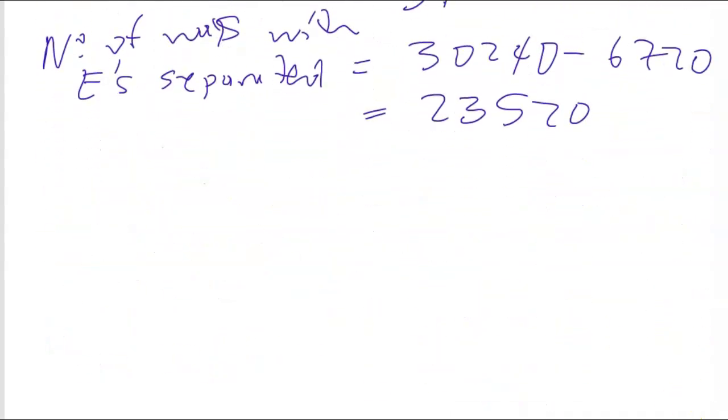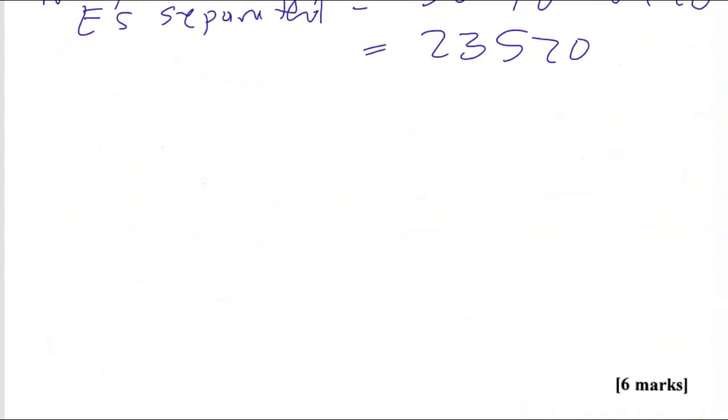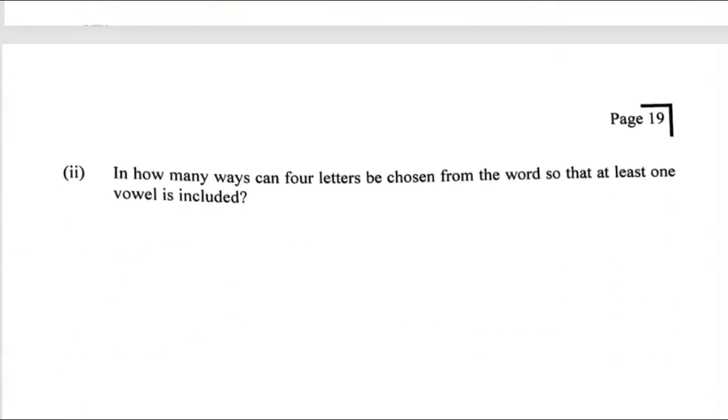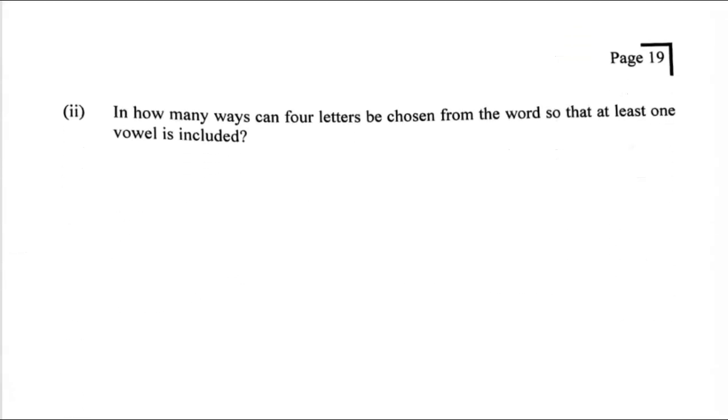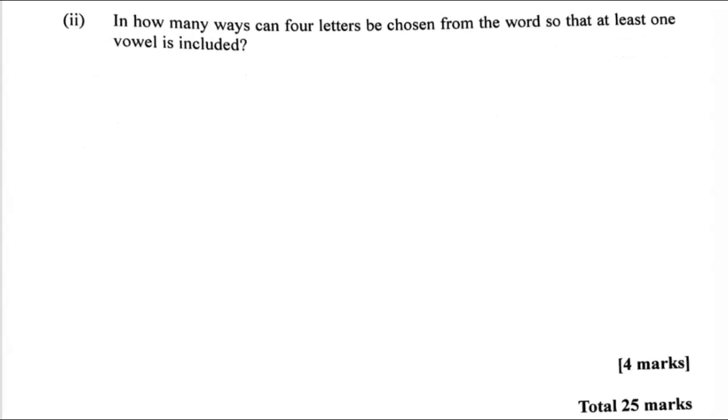Part B, well, part 2. In how many ways can 4 letters be chosen from the word so that at least 1 vowel is included?